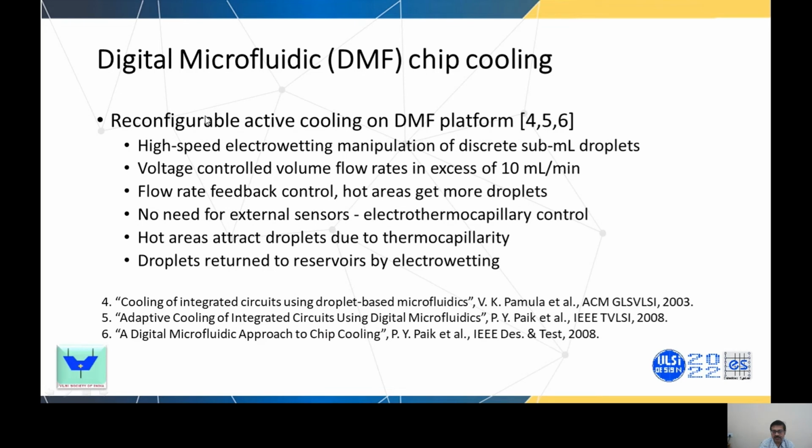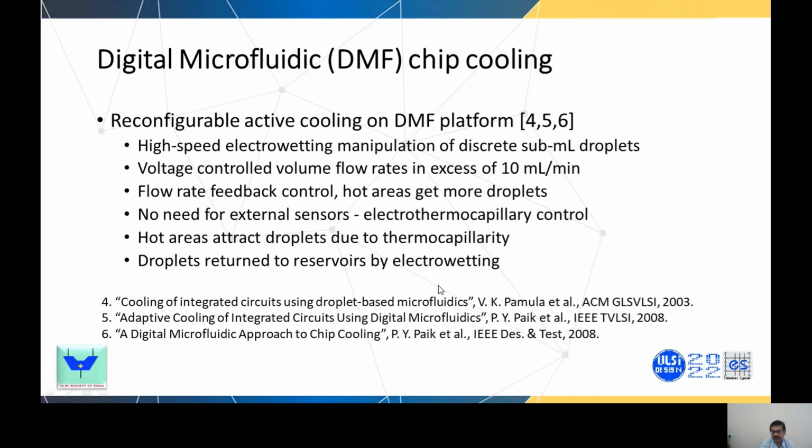Soon after this work was published, some other works were done in reconfigurable active cooling using digital microfluidics, where the coolant droplets are attracted to the hot areas by the thermocapillarity effect, and the droplets, after absorbing heat, move to the reservoir by electrowetting.